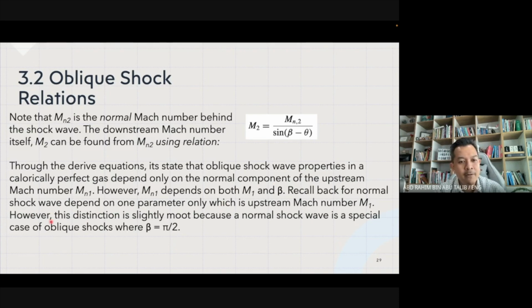However, this distinction is slightly moot because a normal shock wave is a special case of the oblique shock wave where beta equals pi over 2, so basically beta is 90 degrees.